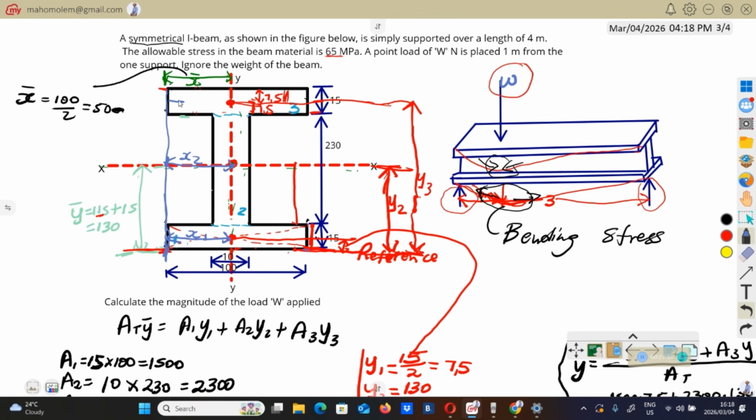X3 will be the distance from here to this center number 3. So that will be x3. But you can see that x bar will be equal to x3, will be equal to x2, will be equal to x1. So those distances will be equal. So all of them will be equal to 50.